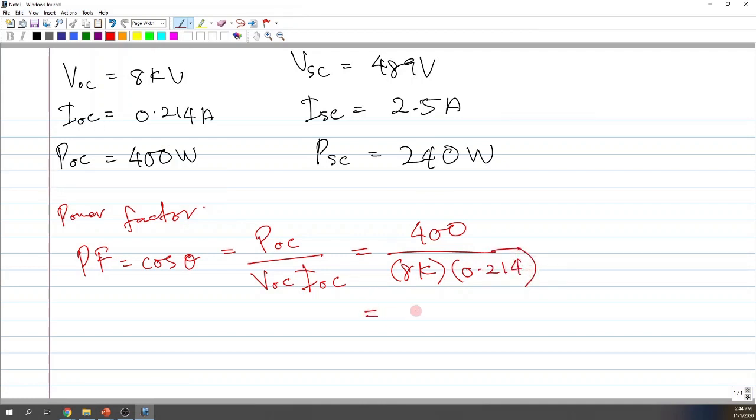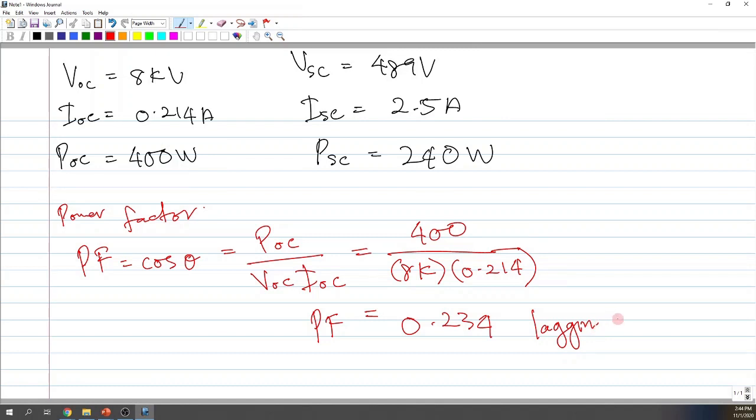So ini adalah sama dengan 0.234. So PF equal to this one. Kena ingat yang power factor dia adalah lagging power factor.